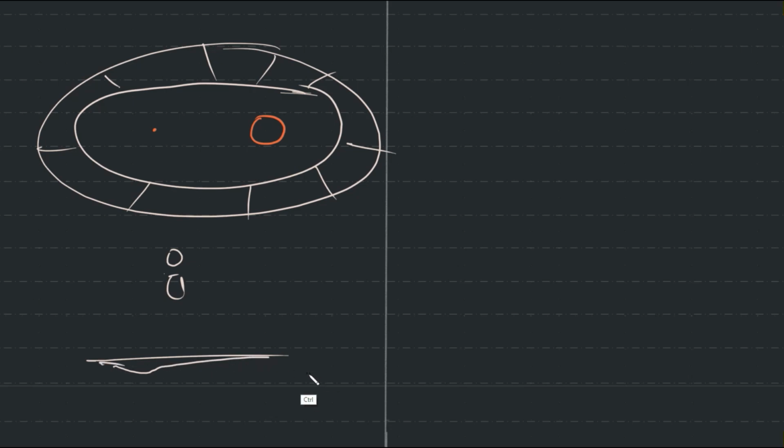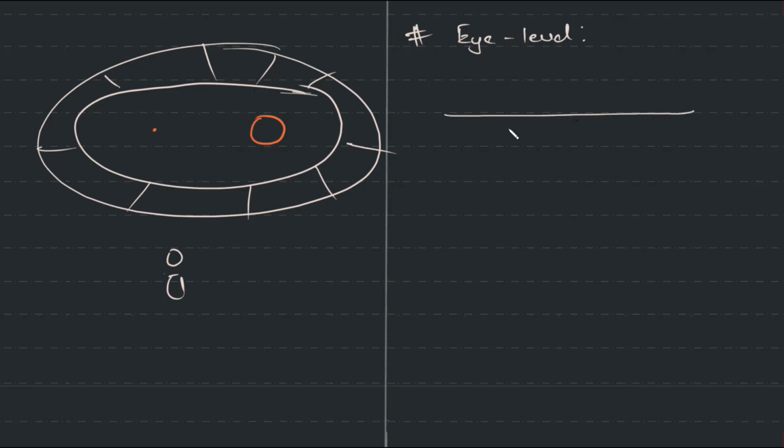Do you guys agree? I am looking at eye level. At eye level, the trampoline would be a straight line, right? Now, if I put a small mass, what happens?